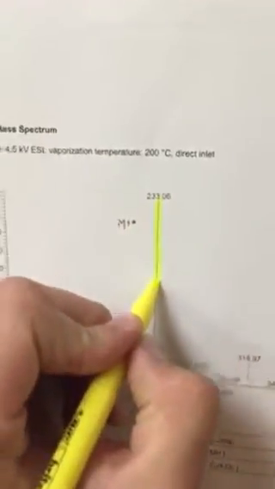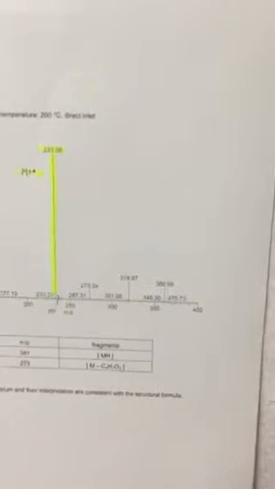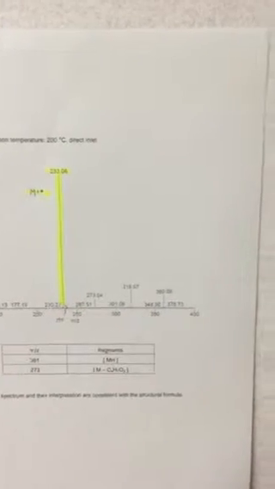If you notice this tall peak right here, it's labeled at 233.06. We also give it the M plus dot. That is the base peak abundance. It's the most abundant ion that we see of phenofibrate, of C20H21ClO4.